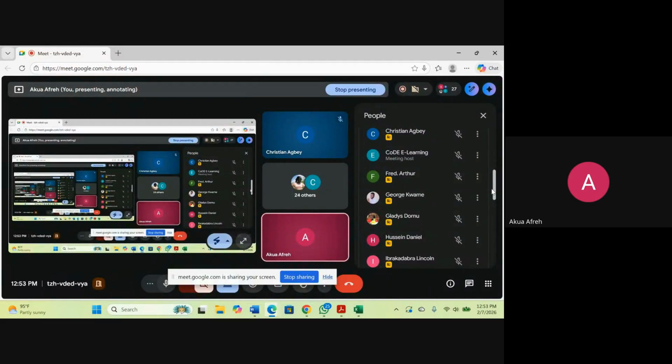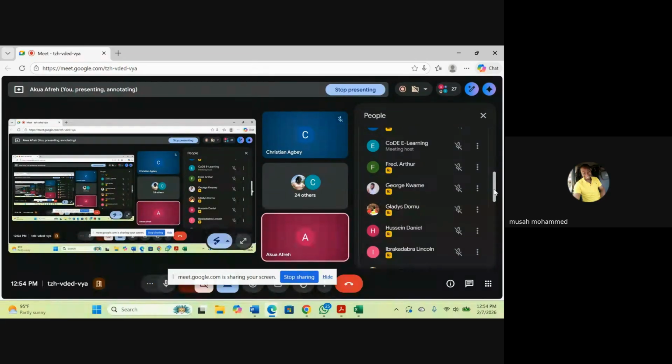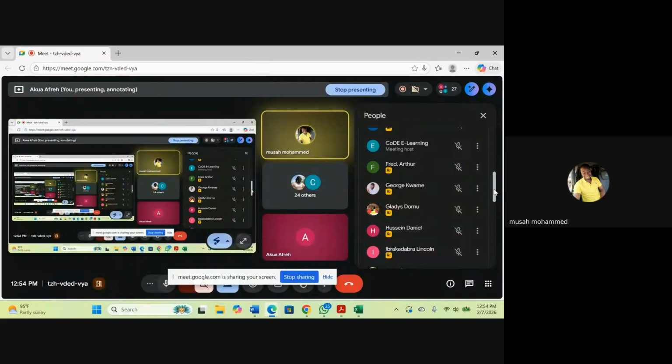I need one last person, then we can continue. Musa Mohammed. Okay, madam. The stakeholders need to be involved because, let me take an organization for example. The stakeholders are in charge of all the activities. Sometimes they are not much involved in the work, but they are in charge of everything.